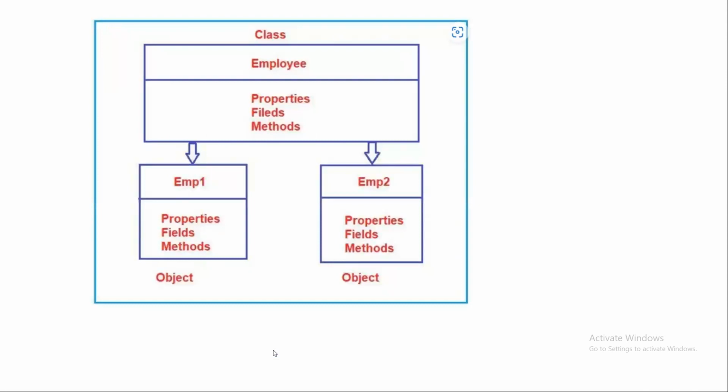So this is what I was telling, right? Suppose Employee is a class. I have defined some properties, some fields, and some methods. Only defining the class is not enough. You have to create an instance of the class, that is called an object.